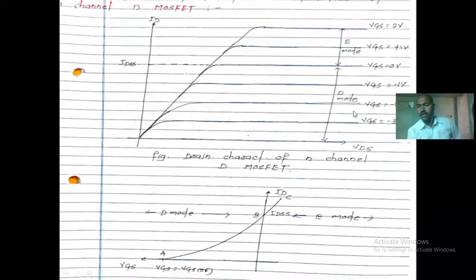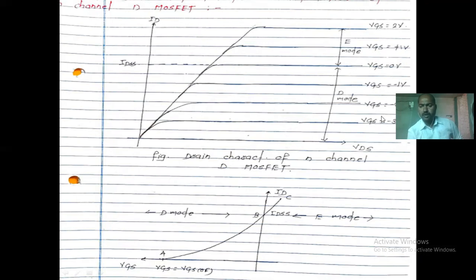As we reduce the VGS magnitude from -3 to -2 to -1, here is the drain current and here is the voltage. As we increase the voltage across the device, the current through the device is constant, whether -3, -2 or -1 volt. The only thing that changes is that as we reduce this negative voltage, more and more current flows through the device.